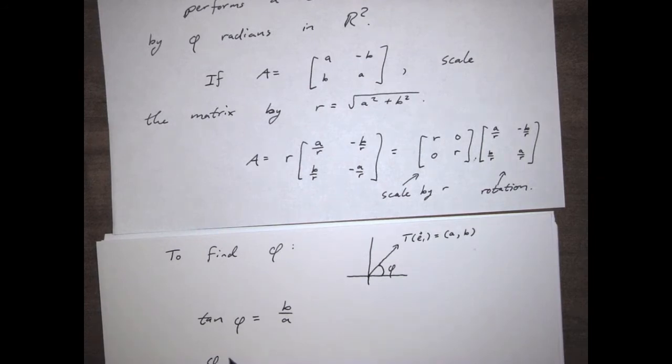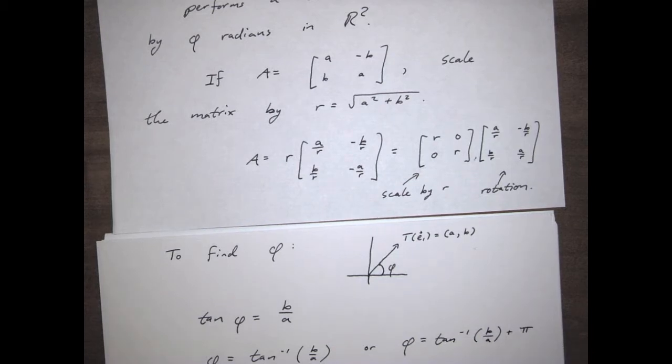So phi is equal to the inverse tangent, or arctan, of b over a, or possibly it's equal to the inverse tangent of b over a plus pi.